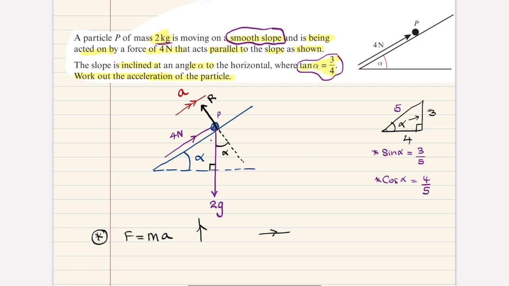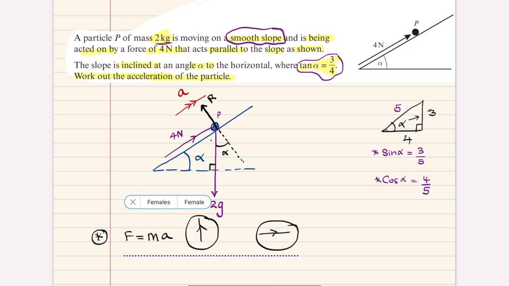But in this scenario, if you try to apply it vertically or horizontally, you would find it really difficult to solve this question, because every force marked in this diagram you might need to resolve into components. So in order to avoid complexity, we need to be smart.